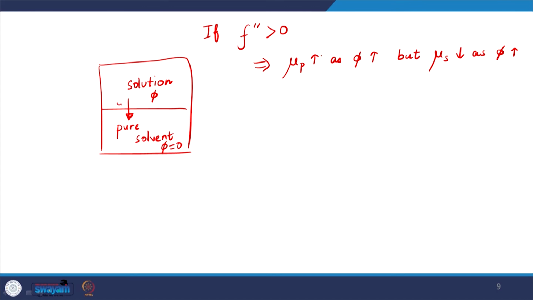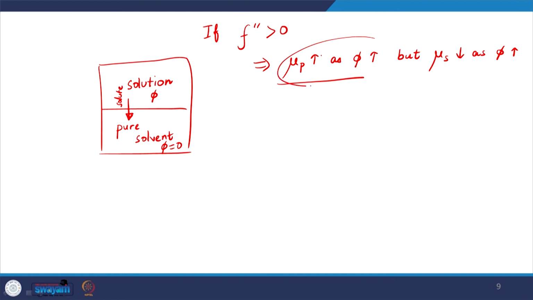So for solute movement, phi will decrease when we go from solution to the pure solvent phase, and only that will result in a lowering of chemical potential, because if the transfer is the other way around, that will result in an increase in the chemical potential, and I just said we want to go in the direction of decrease in the chemical potential. So this tells me that the solute has to go from solution to the pure solvent phase.